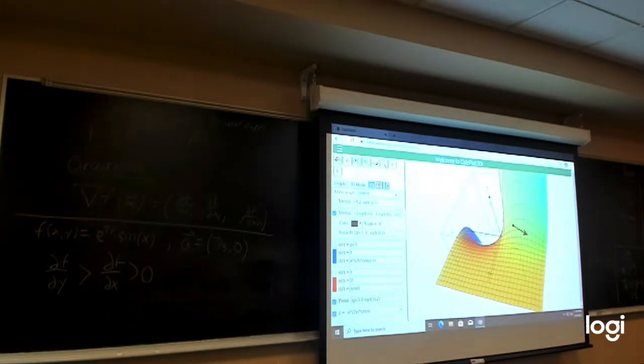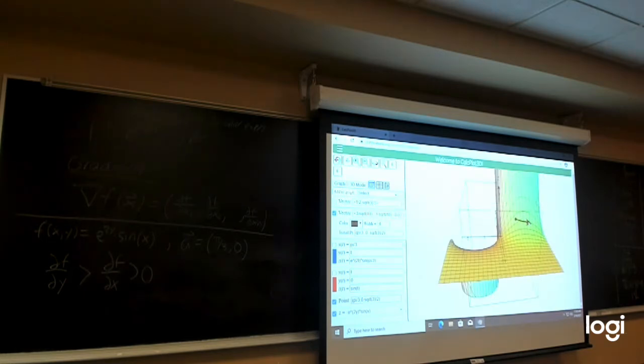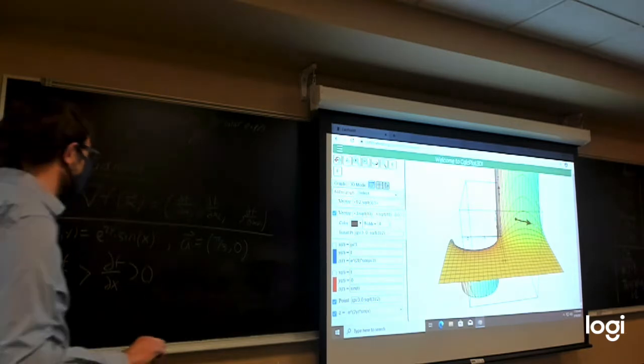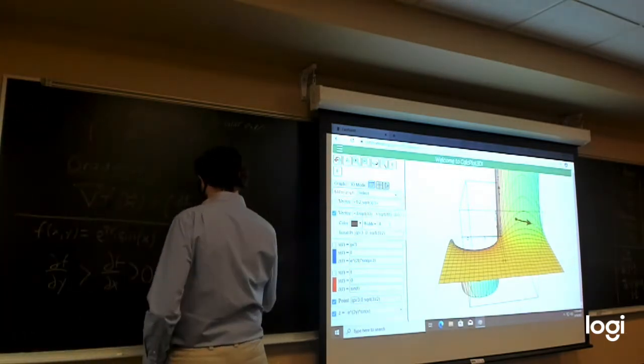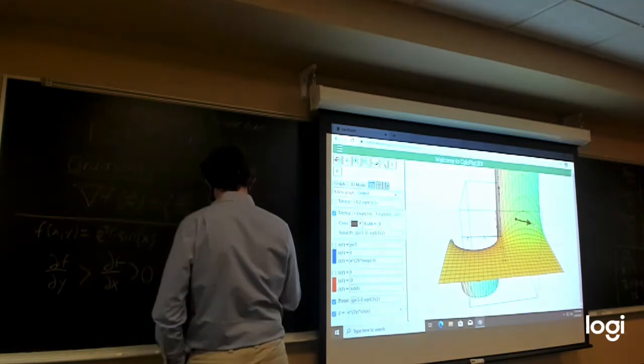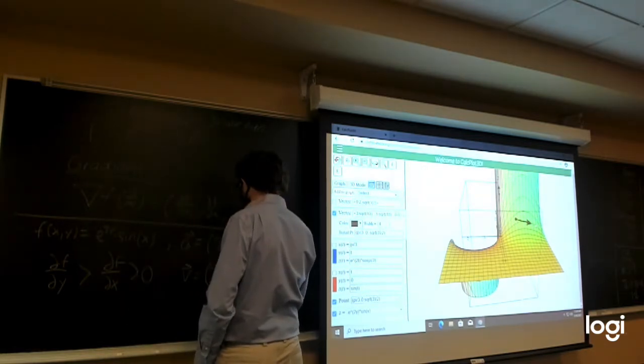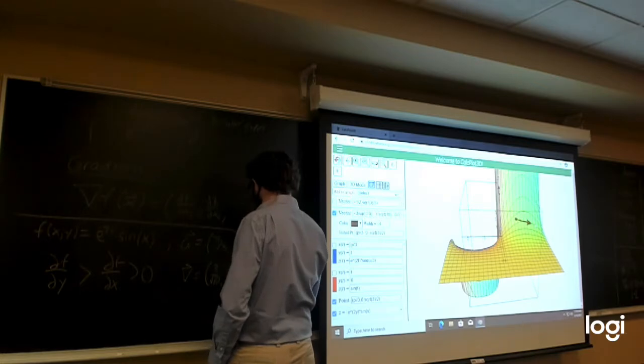So for instance, if we were standing at this point on our graph, and we were going to travel in the direction of this arrow, which I'm going to call V, pointing in the direction of 3 over square root of 10, negative 1 over square root of 10.